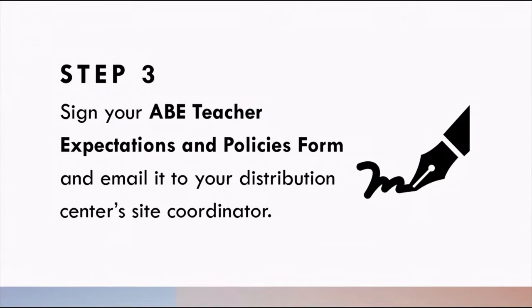Step 3. Sign your ABE Teacher Expectations and Policies form. The ABE Teacher Expectations and Policies form outlines the conditions for participating in the ABE program and must be completed before you can receive equipment or supplies.